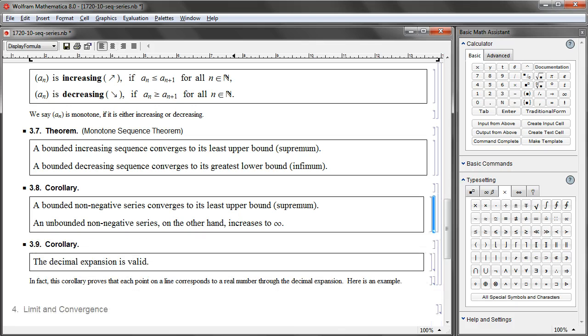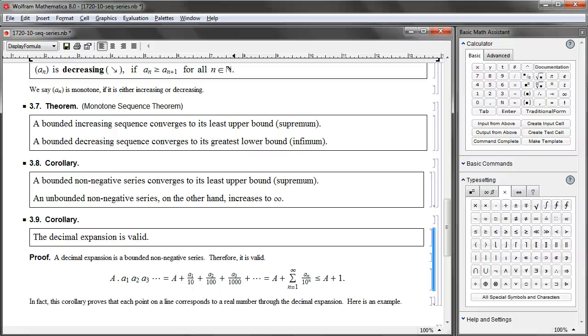Now, here's a second corollary, which is very, very powerful and interesting. The decimal expansion is valid in the real number system. That's very interesting because we have been taking the decimal expansion for granted. And we can use decimal expansion to prove that every point on a line corresponds to a real number.